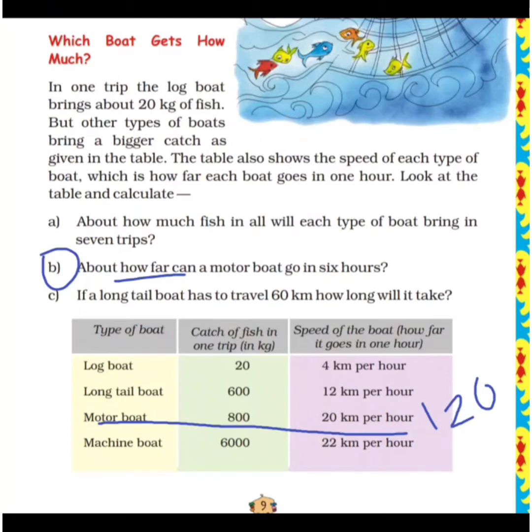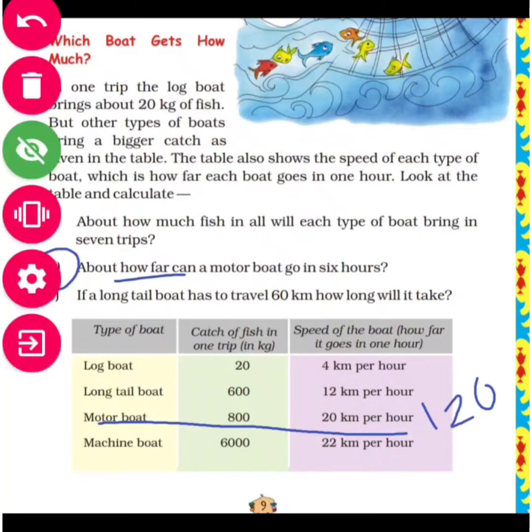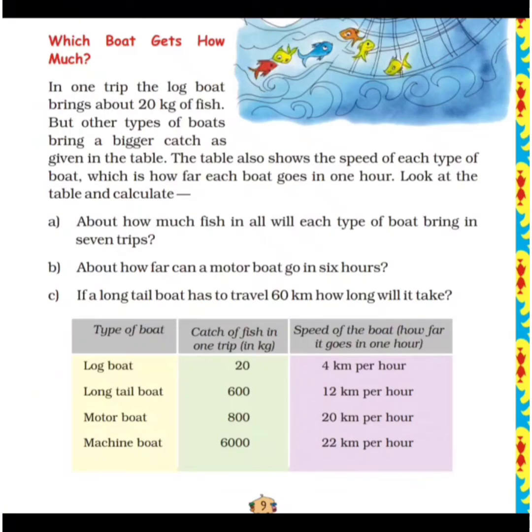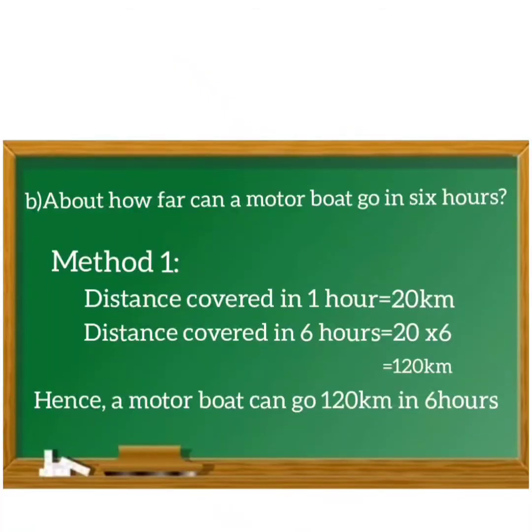So children, here we have two methods. I will show you. See children, in mathematics, there is not only one solution of a question. There are many solutions. In many different ways we can solve. Okay, here question about how far can a motorboat go in 6 hours.